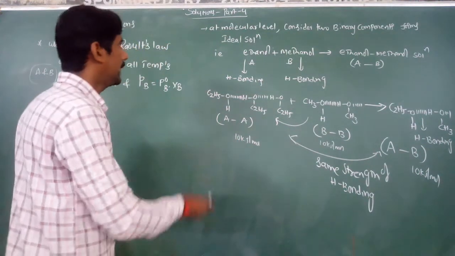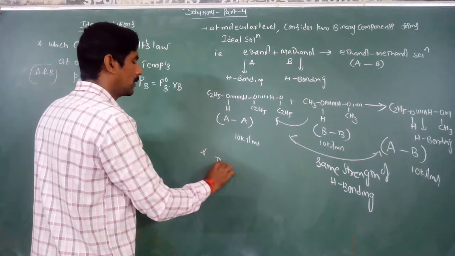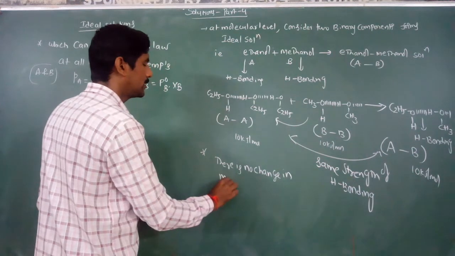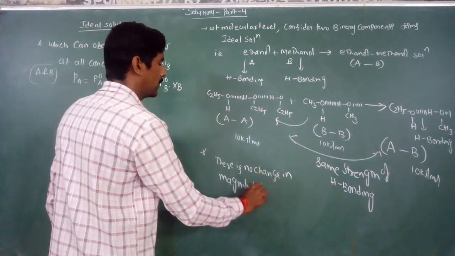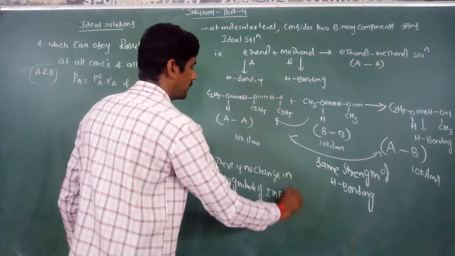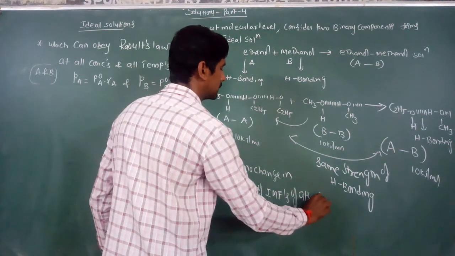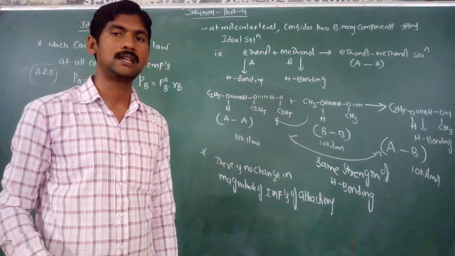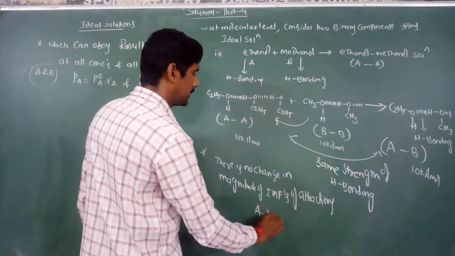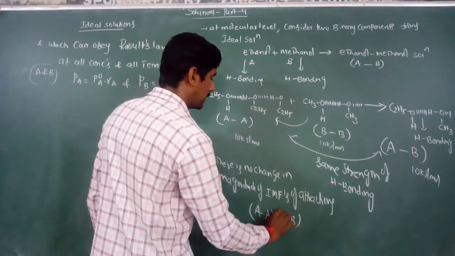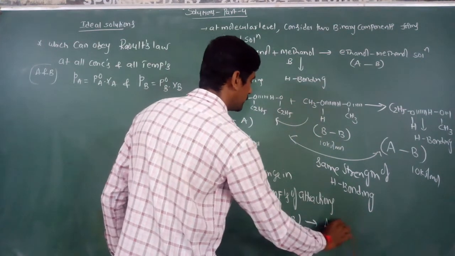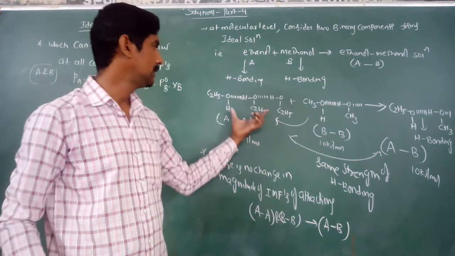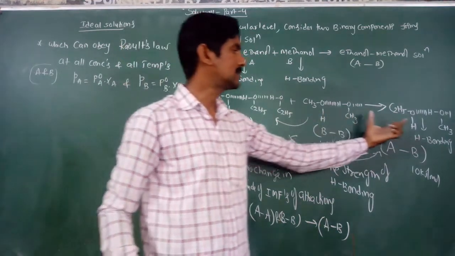So at the molecular level, there is no change in the magnitude of intermolecular forces of attraction. That is, the intermolecular forces of attraction between AA and BB are the same as that of AB.